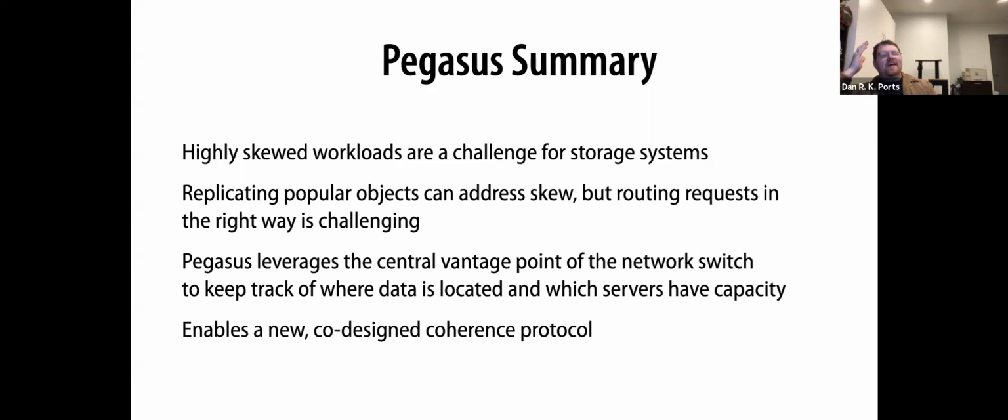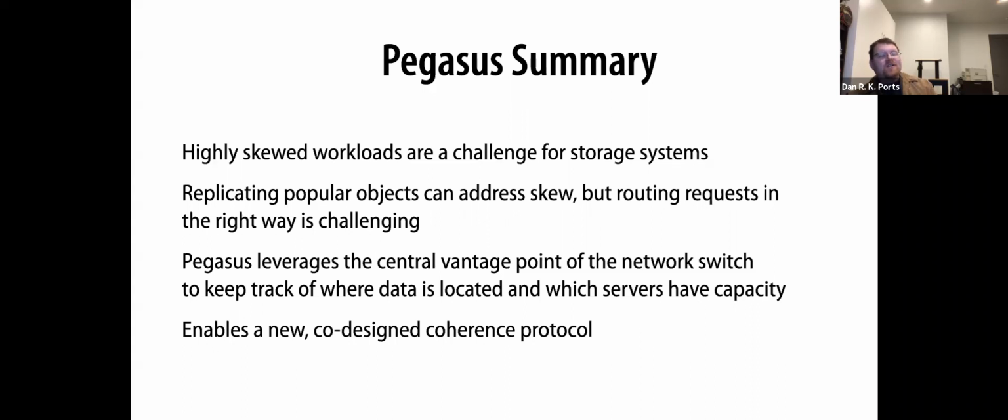We're taking an existing solution that was hard to implement efficiently and correctly, selective replication, and we're building this in a much more efficient way while still providing correctness by taking advantage of the central vantage point of the network switch. It's monitoring all the traffic, so it can easily keep track of where data is located, which servers have spare capacity, and send requests to the right place.